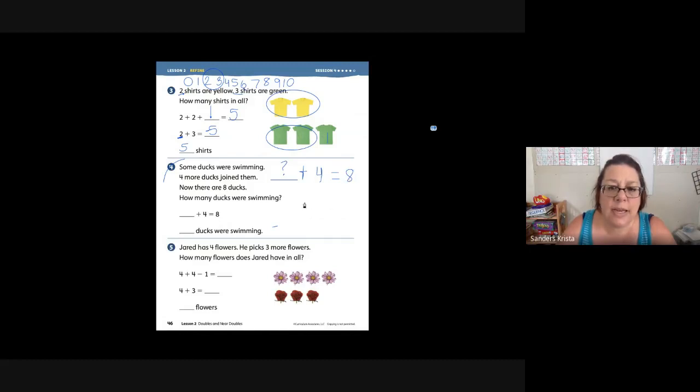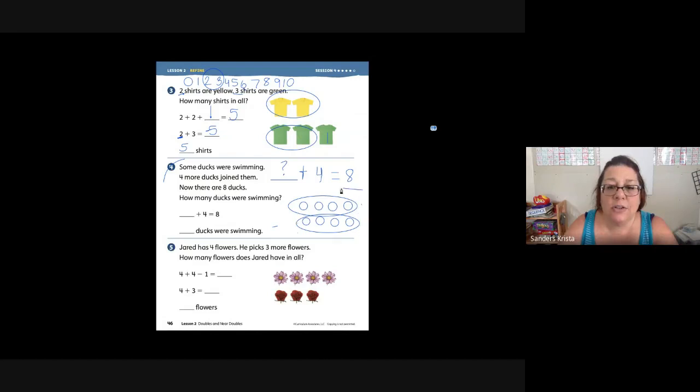My total is 8. I'm going to draw my total. 2, 3, 4, 5, 6, 7, 8. Does it look like that is a double? Yeah. So there were some swimming, right? And 4 more came.